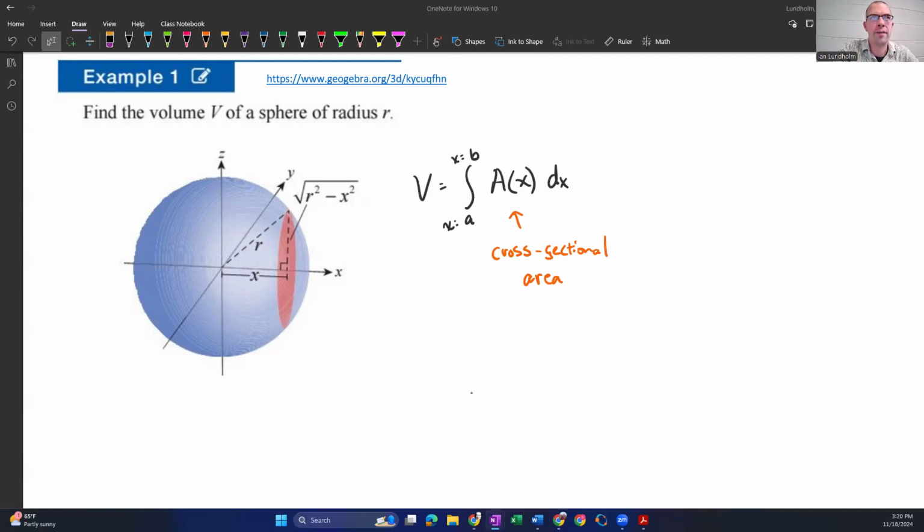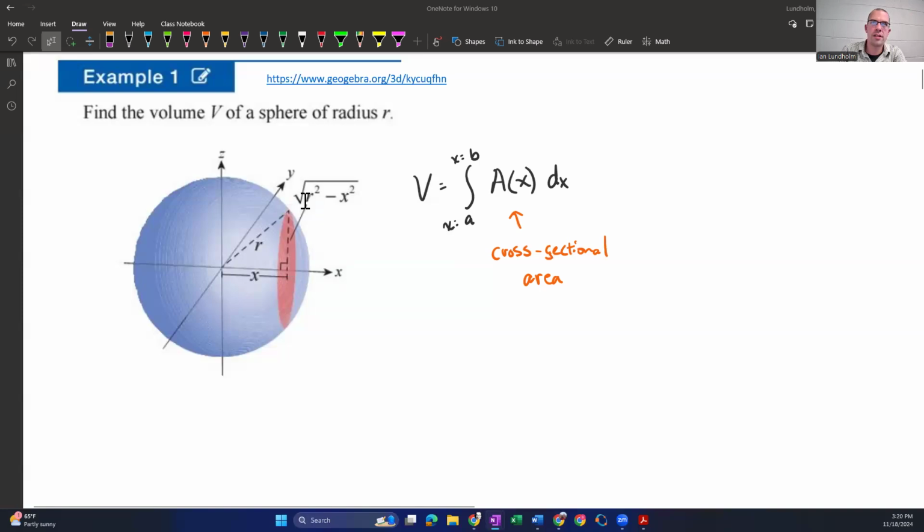The idea being that the sphere has a radius of little r. And as we march along from the beginning of the sphere all the way to the end, this x value is going to change. So we've got this right triangle where the leg is going to continue to change. The value of r shouldn't change, that's the radius of the sphere. But this also will change dependent on this radius.